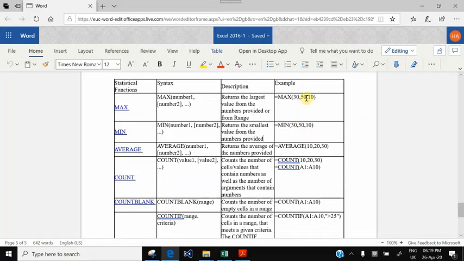The maximum here is 50 and the minimum here is 10. Average returns the average of the numbers provided, like I have 10, 12, 20, 30, 60, 60, average is 30.